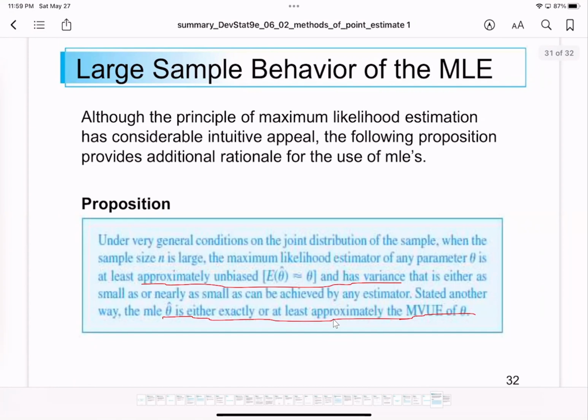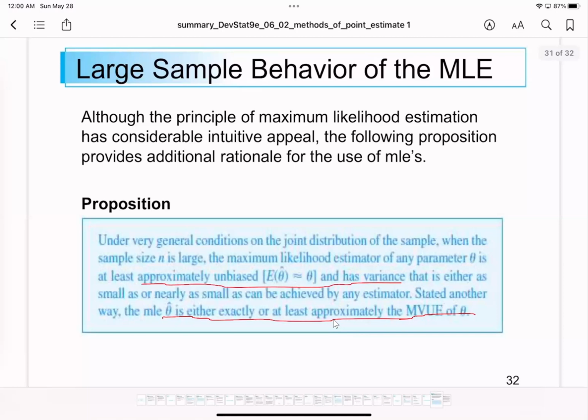Close to the smallest is because smallest out of all the unbiased estimators. So-called closest to the smallest because sometimes it's not exactly unbiased, it's close to the unbiased situation. If n is large, then it's approximately unbiased.